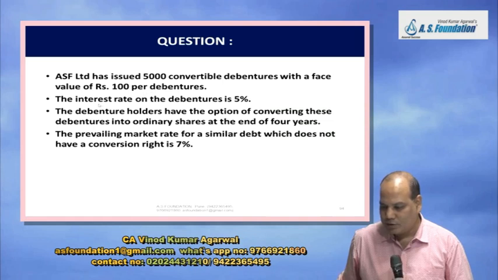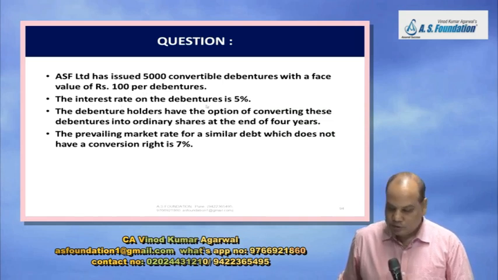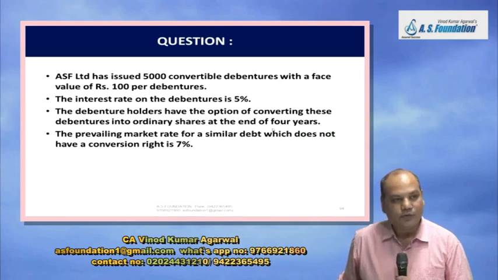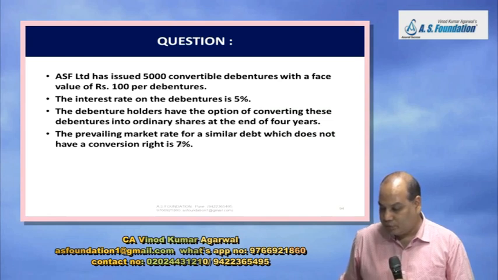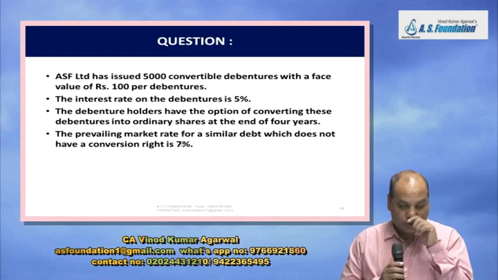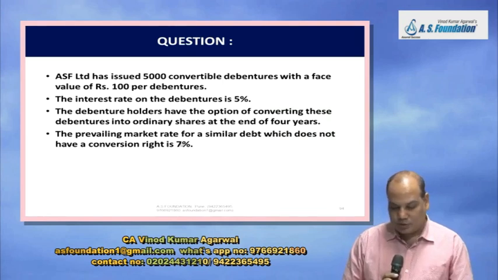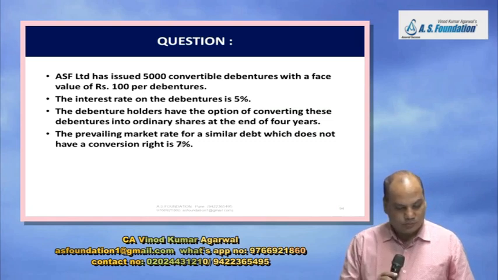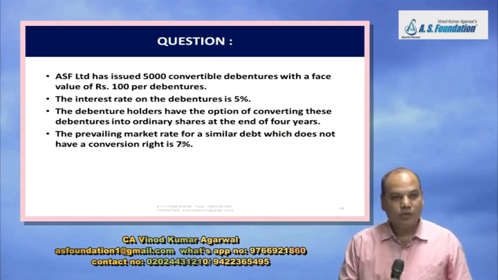The interest rate on the debenture is 5%. Debenture holders have the option of converting into shares at the end of 4 years. The prevailing market rate for similar debt which does not have a conversion right is 7%. The question is the same. Find out the equity and debt portion.